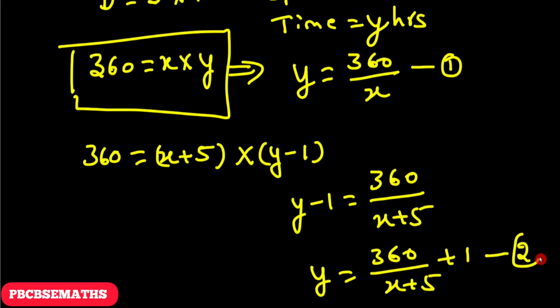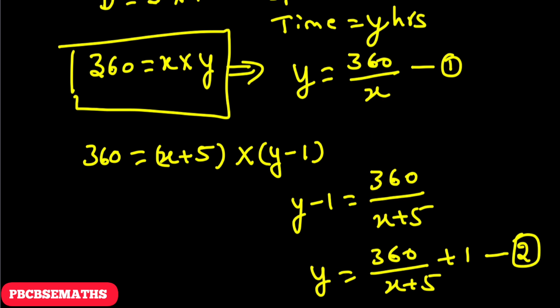Let's say it is equation 2. Now in equation 1 we have y equals 360 by x, and in equation 2 we have y equals 360 by x plus 5, plus 1.